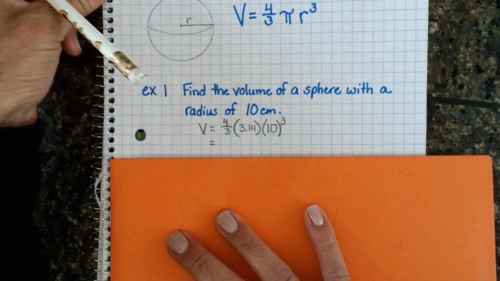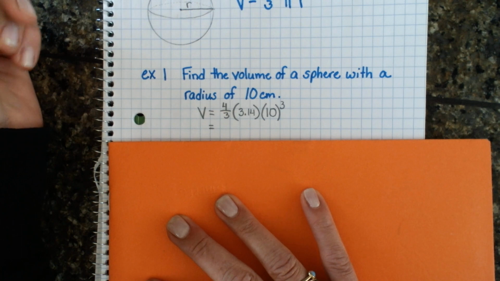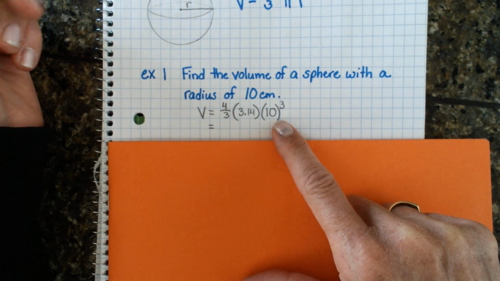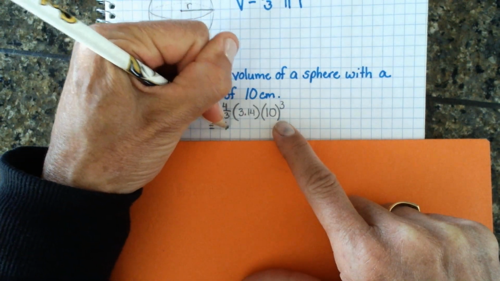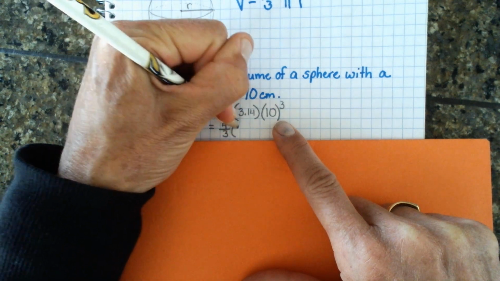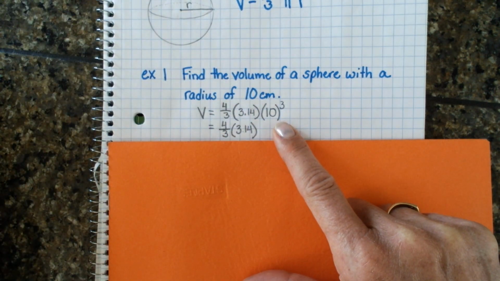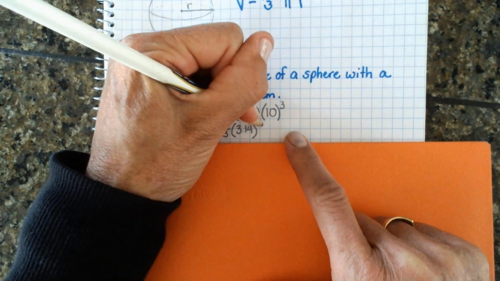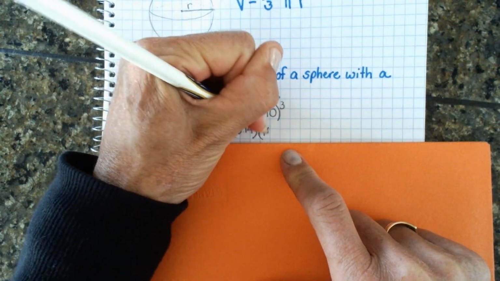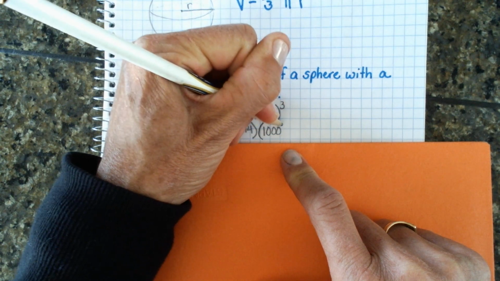Okay, now we're going to walk through the steps of simplifying. Using order of operations, we're going to start with the exponents. So 4/3 and 3.14 will stay just the way they are for now. 10 cubed, or 10 times 10 times 10, is 1,000.